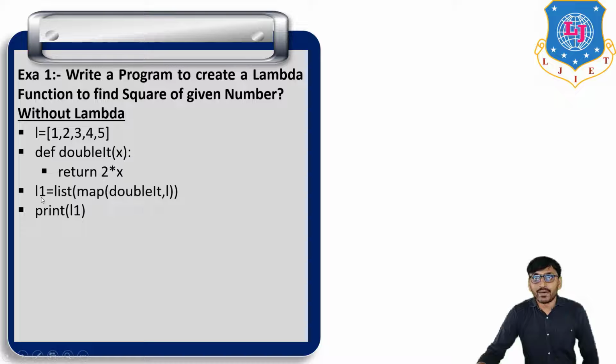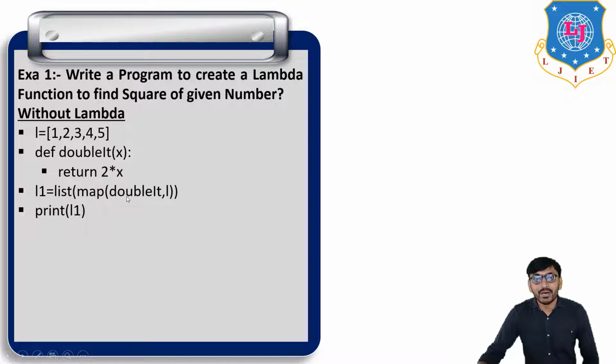Now L1 is equal to list, and there is a map function, we use map, and in the parentheses double it, which means function, and L, that is the sequence. So what is the syntax of map? Map and in the parentheses function and sequence.